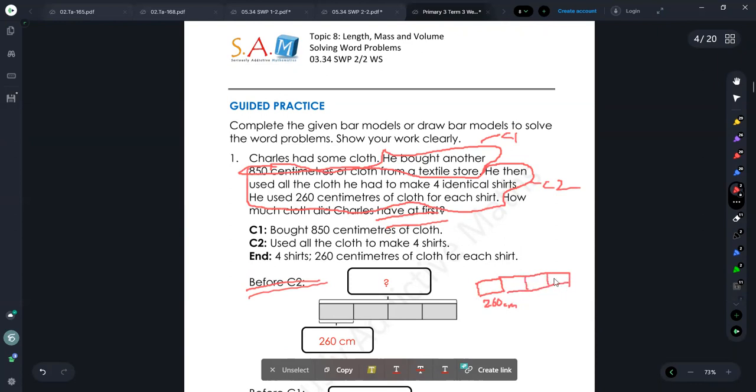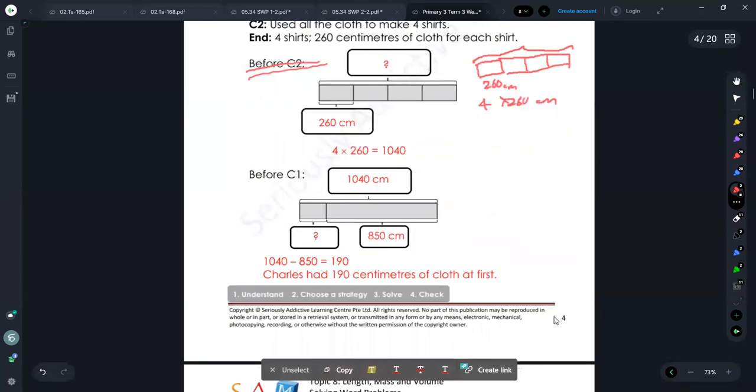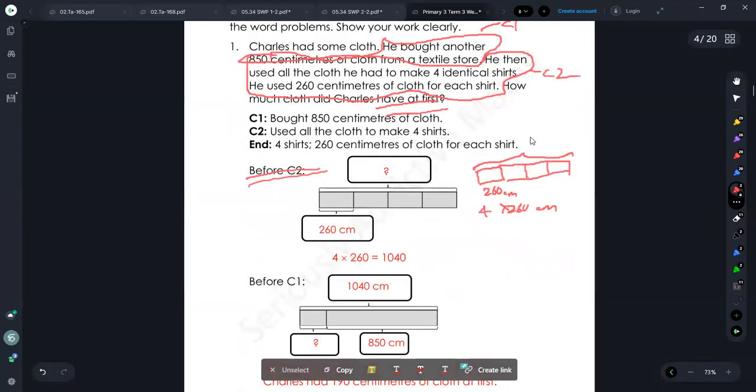Based on this information, they need to find out what is the number before change 2. In this case, the equation will be 4 times 260 cm. Take them through this process, and then you can calculate. And the answer is 1040 cm.